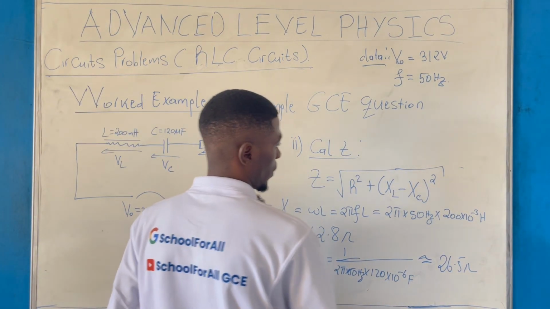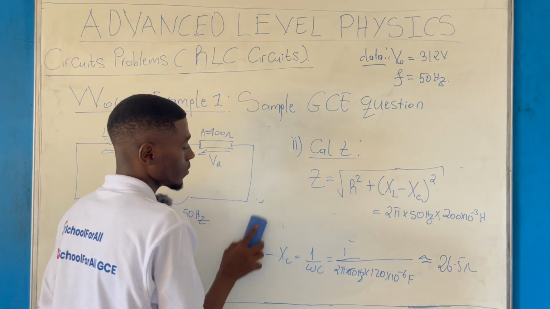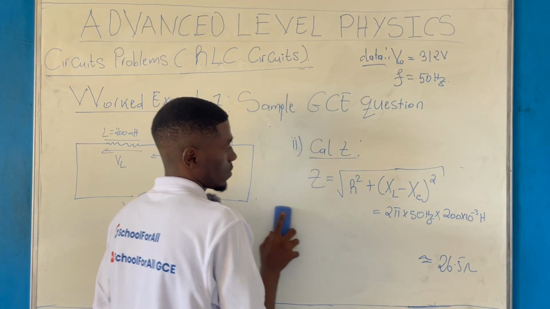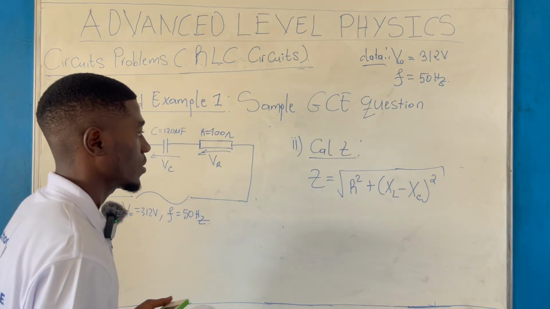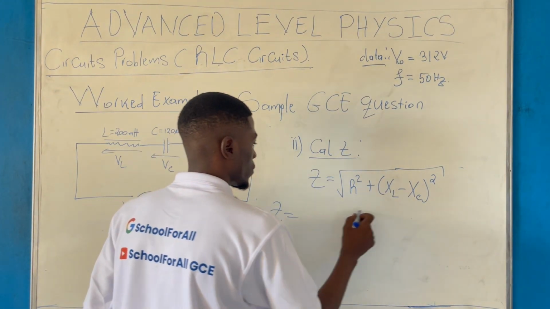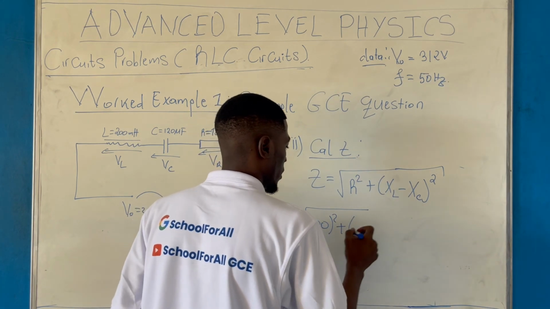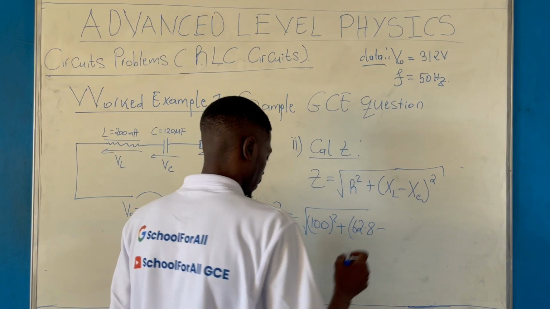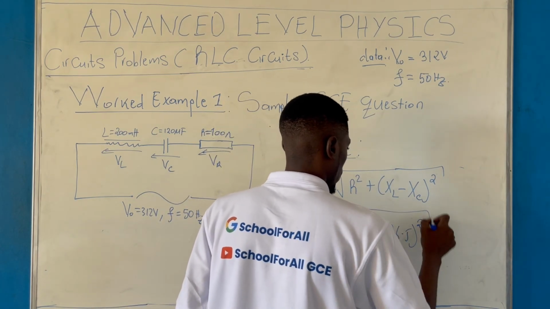Now from there, you can calculate the impedance of the circuit. So let us replace. The impedance of our circuit is simply the square root of 100 squared plus, in brackets, 62.8 minus 26.5, all squared.